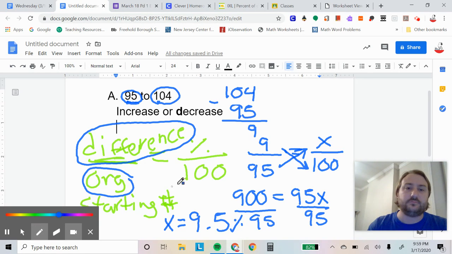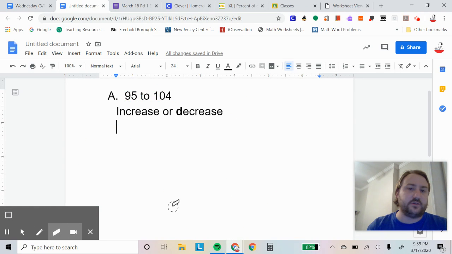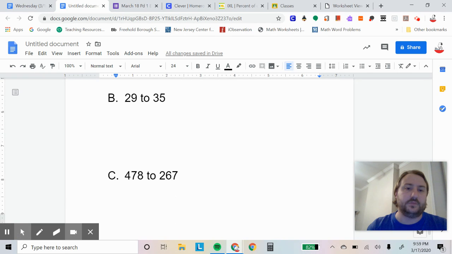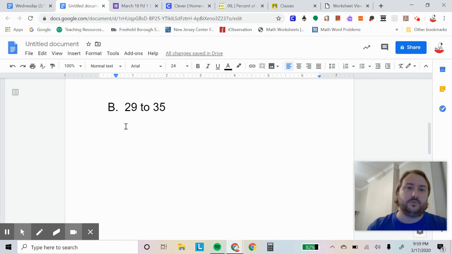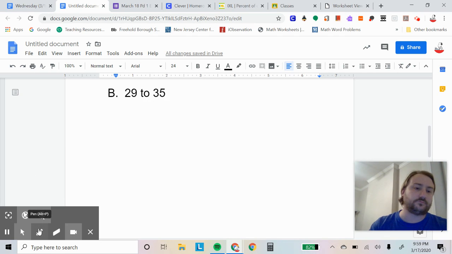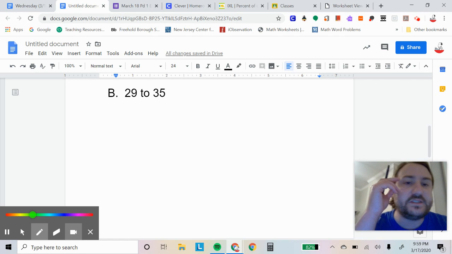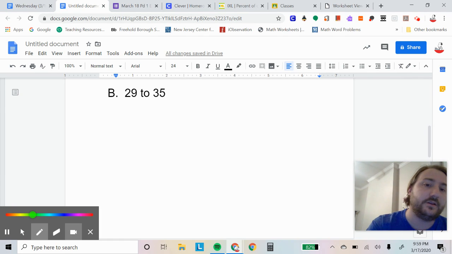So let's try a different one. We'll erase this and go to a different problem. Okay, 29 to 35. Increase or decrease? If you said increase, you are correct, because 29 is going up to 35.